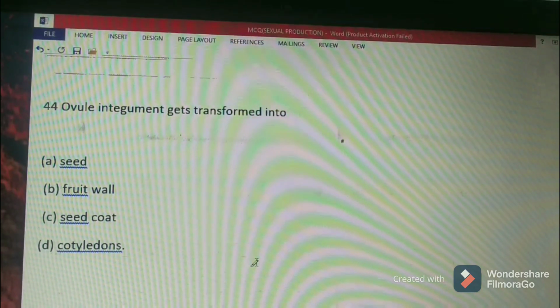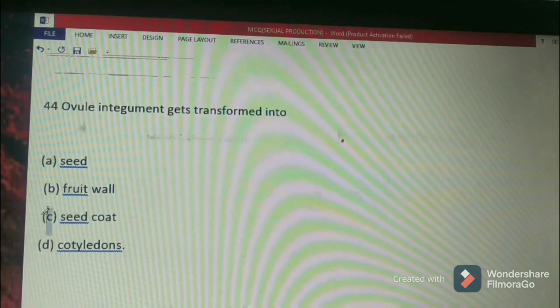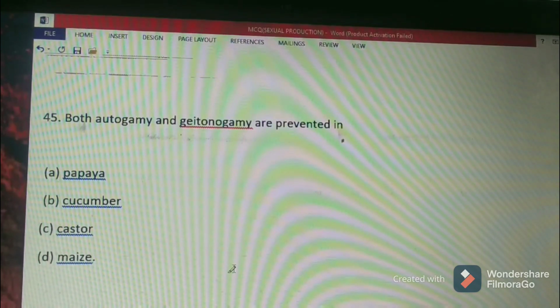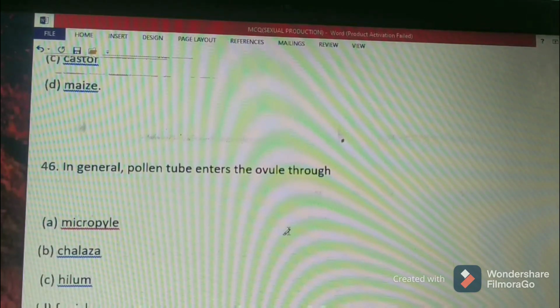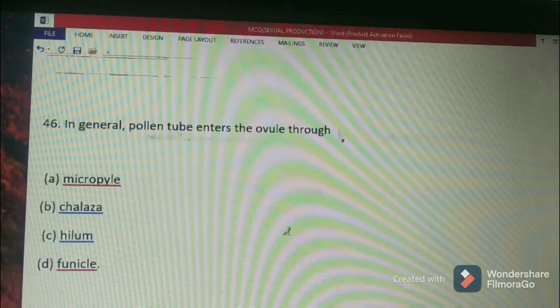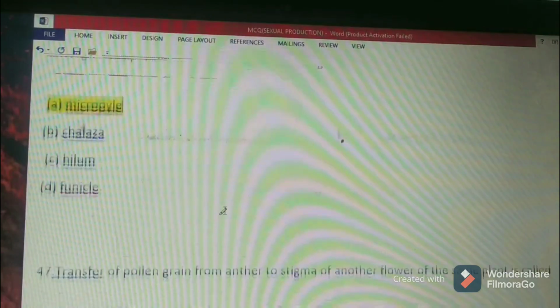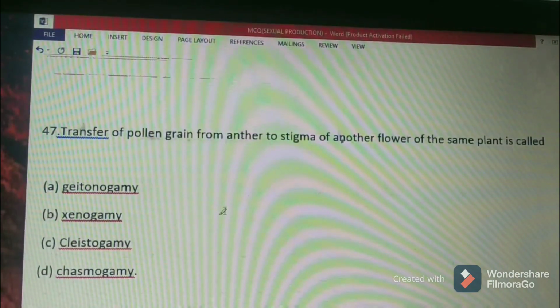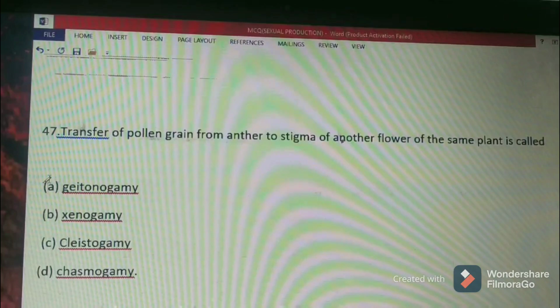Ovule integument gets transformed into seed coat. Both autogamy and geitonogamy are prevented in papaya. In general, pollen tube enters the ovule through micropyle. Transfer of pollen grain from anther to stigma of another flower of the same plant is called geitonogamy.